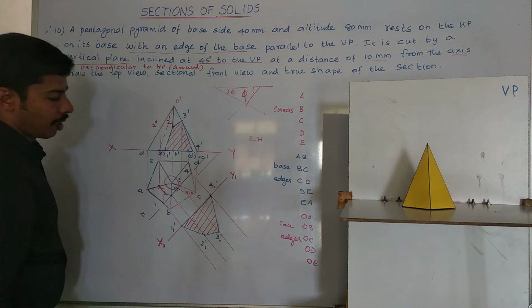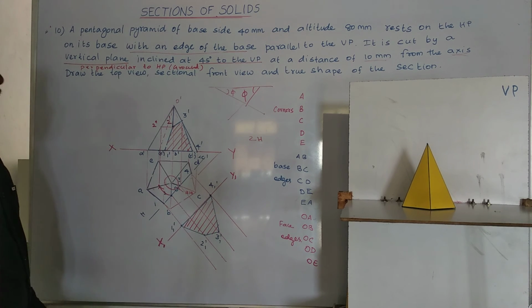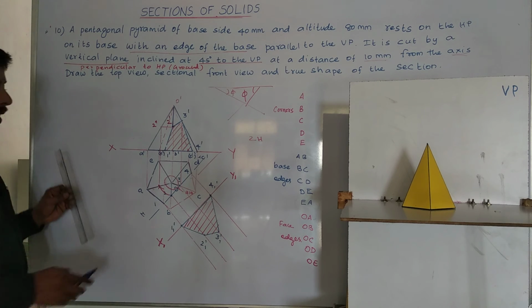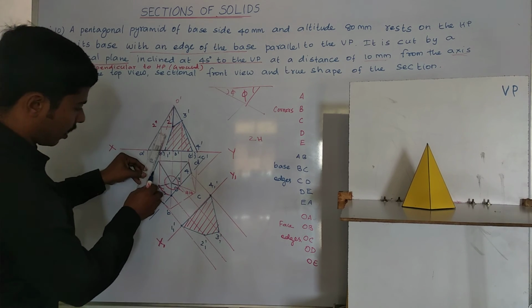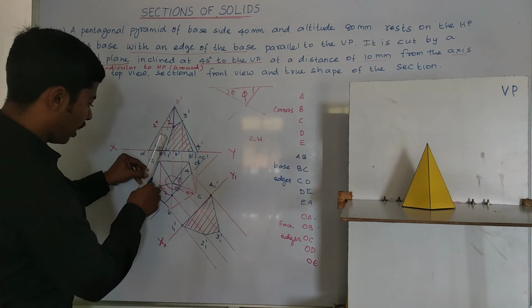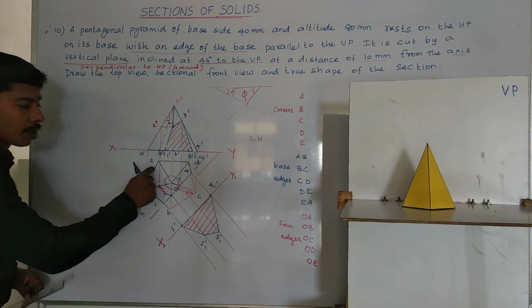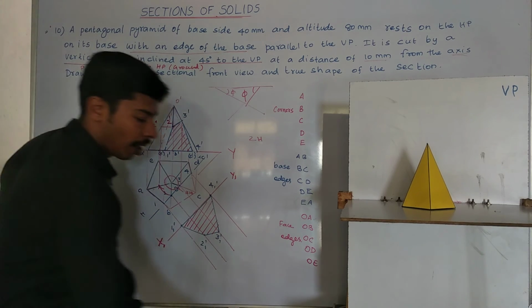Then the true shape section we already did. Then dimensioning is very, very important. So how to dimension it? I am going to draw dimension for this edge. So this is our object.